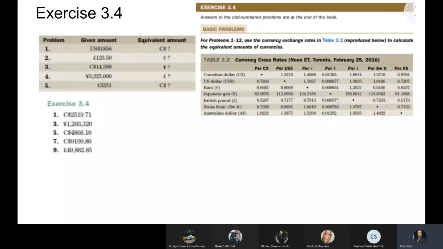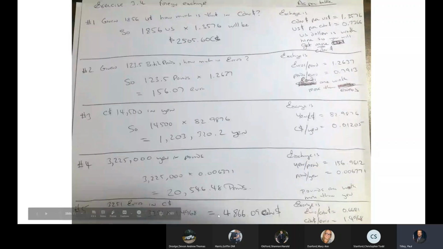We can do that, or we can do it the opposite way. But the fact of the matter is, we know that yen is not worth very much relative to pounds, so we can do a little bit of a mental check on that. So we'll take the 3,225,000, multiply it by the 0.006, and that will give us 20,546.48 pounds.